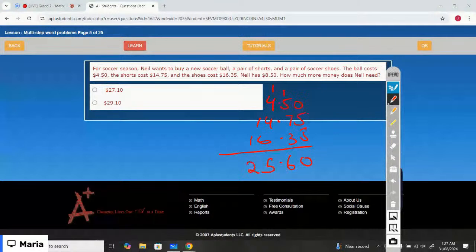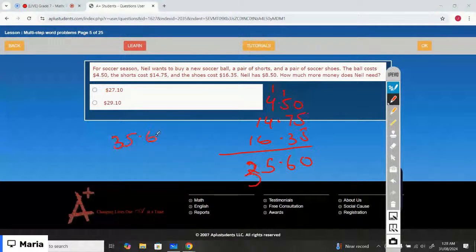That means to buy these things, he must have 35.65. 4.50 plus 14.75 plus 16.35 is 35.65, right? And he has 8.50. You need to calculate how much more money he needs.